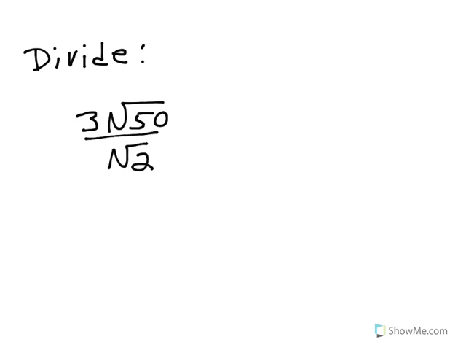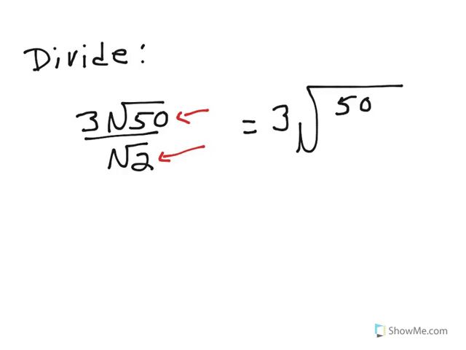To divide radicals, we look and see, are the radicands divisible or reducible? In this case, they are. So we can rewrite that as 3 times a single square root of 50 over 2.